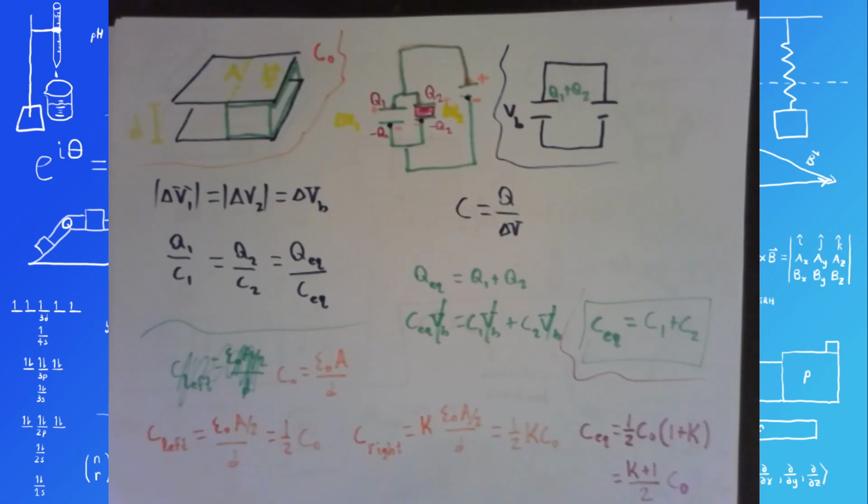Okay, where do I want to go from here? Are there any interesting problems we can do? Or should we just move on to another topic? Let me see. That one has concentric cylindrical conducting shells forming a capacitor.